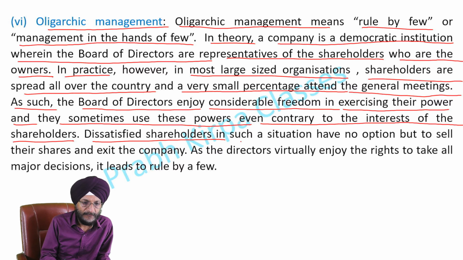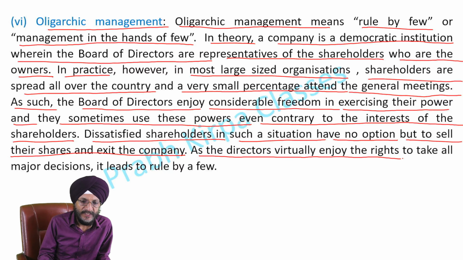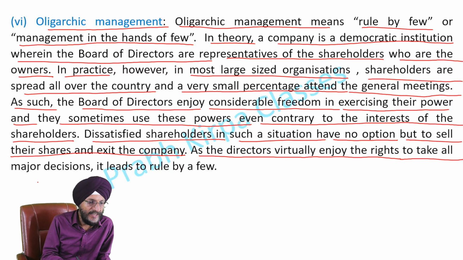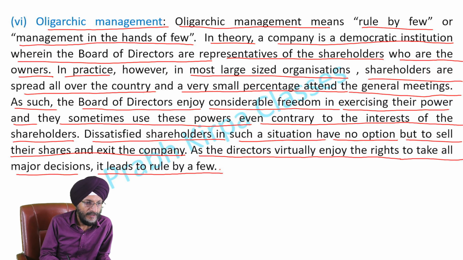Dissatisfied shareholders in such a situation have no option but to sell their shares and exit the company, as the directors virtually enjoy the rights to take all the major decisions. It leads to a rule by a few.